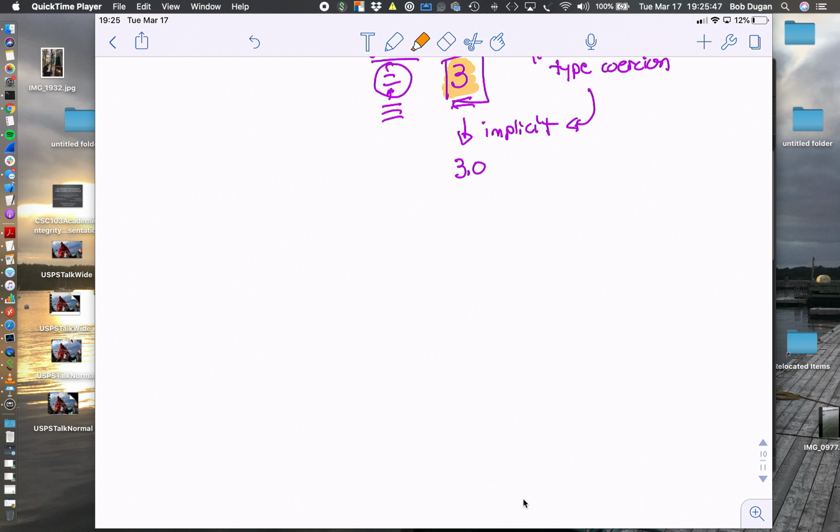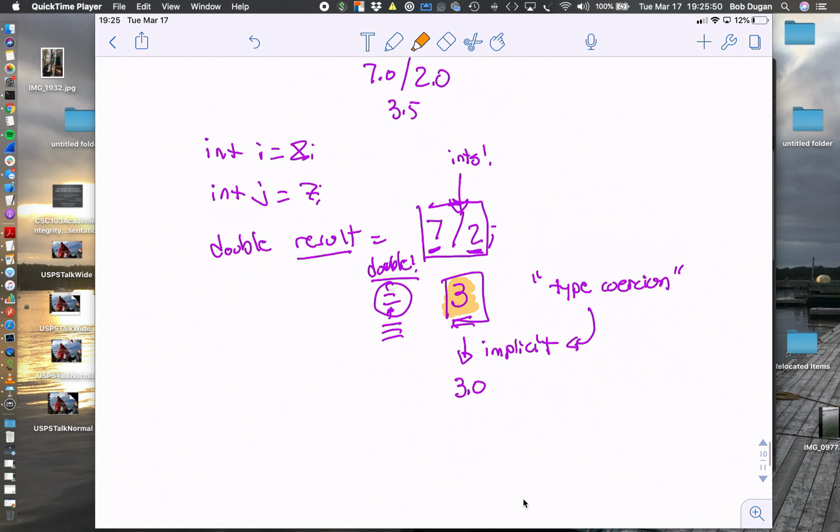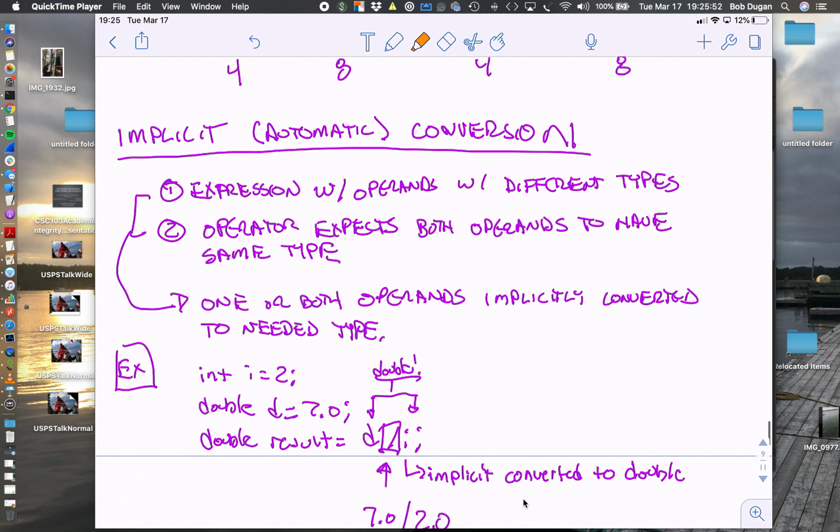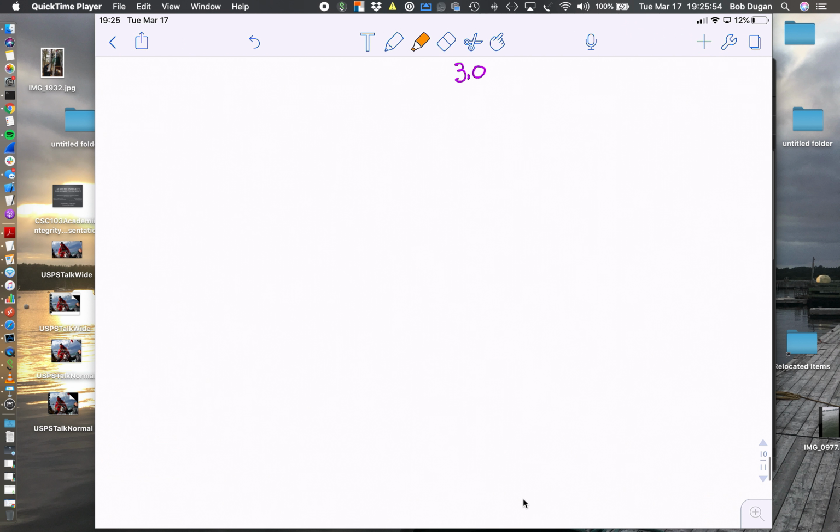Let's take a look at explicit conversion. So we just talked about implicit or automatic conversion, but there's also an explicit conversion.